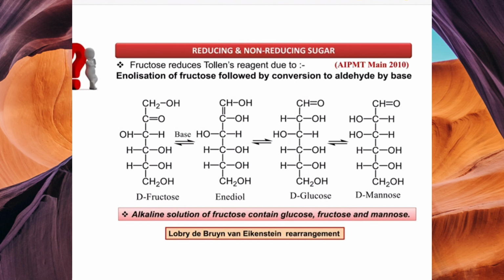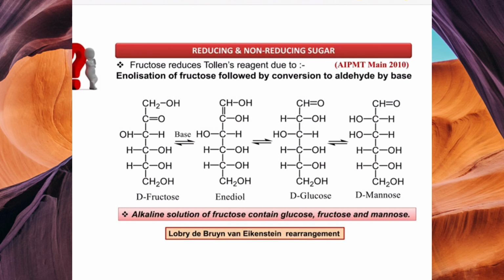Fructose is a reducing sugar. Why? Even though it is a ketohexose, it is a reducing sugar. Why?